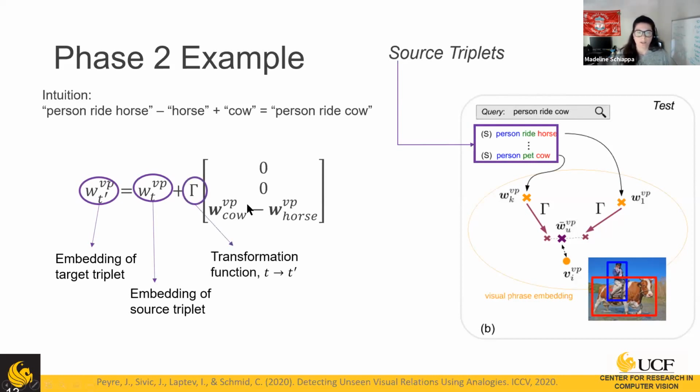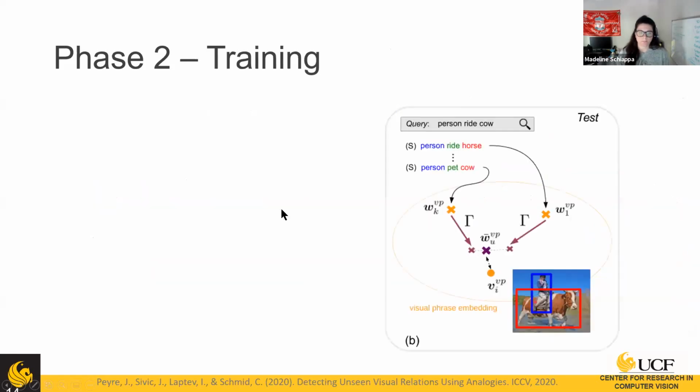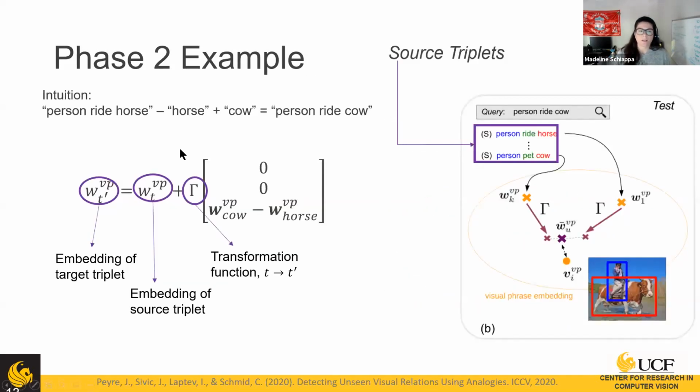Now, as you can see here, because person and ride are the same in both triplets, these end up being 0. And the only difference here is the horse is being removed and cow is being added. So we're subtracting those embeddings for those textual representations. So that's a bit of the intuition on what they're trying to do with this method.